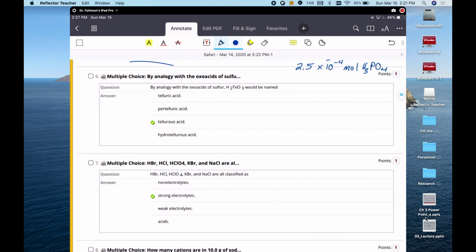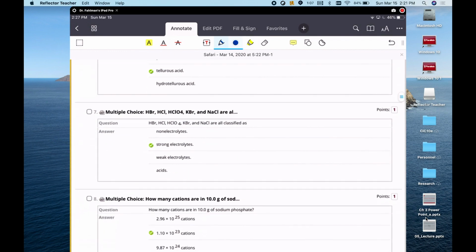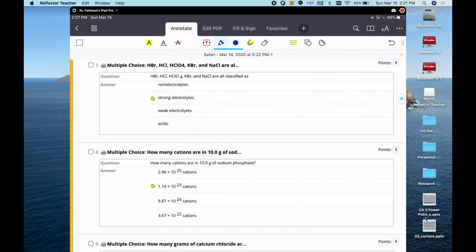This one is just naming. Again, look at the PowerPoint slides for all of the names for these different acids. Strong electrolytes, this is again kind of a definition. That means 100% dissociated, in other words, completely broken apart into ions.